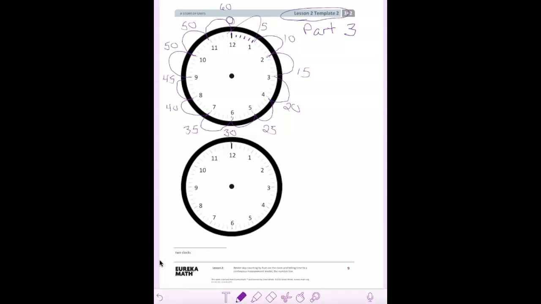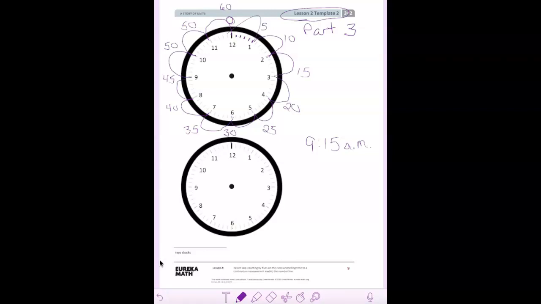So, for example, let's pretend that we are trying to find and show the time 9:15 a.m. Let's pretend that's the time that we start school. So 9:15, there's 2 hands on a clock.